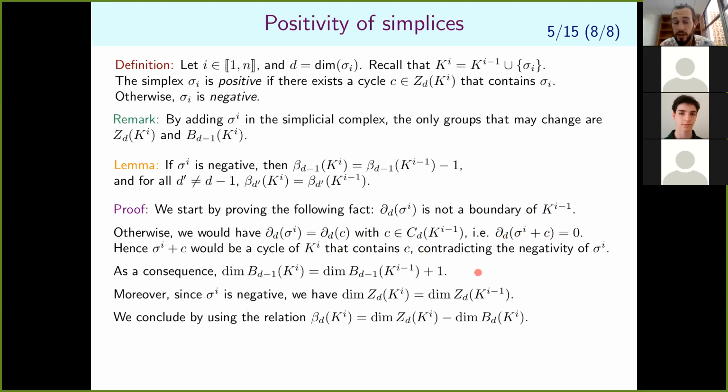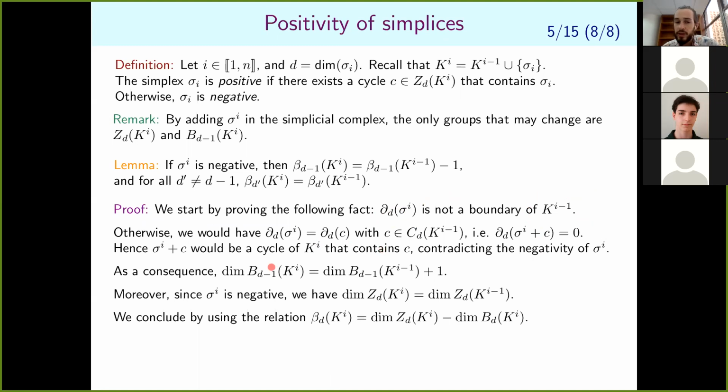But by definition, this means that sigma I is positive. This is a contradiction, because I supposed that it is negative. Okay, so I proved that its boundary is new in K I minus 1.